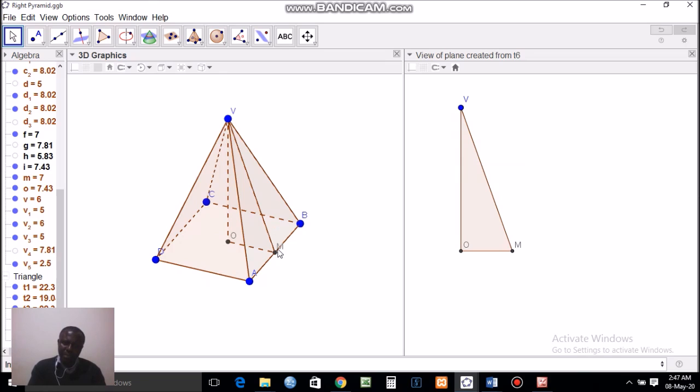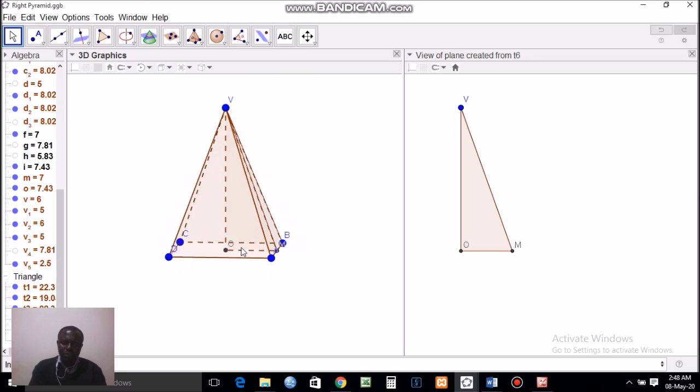So we draw triangle VMO separately, and here we have it. And if you look at MO, MO is actually running on the base, it's horizontal, and VO is vertical, and therefore this is a right angle triangle at O.